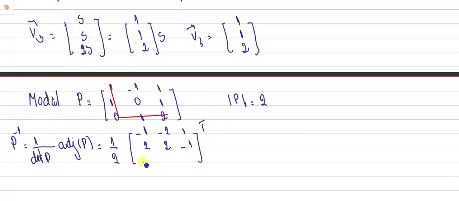And the next is column 2. Omit column 2, we got 1 minus 1 is 0. And the column 3.